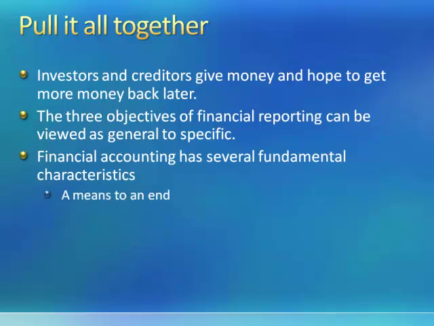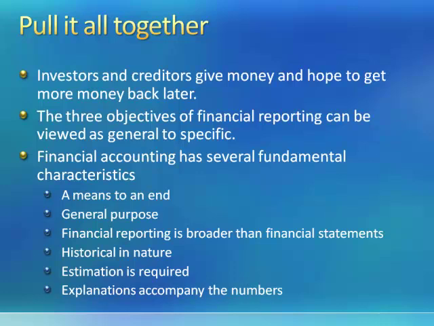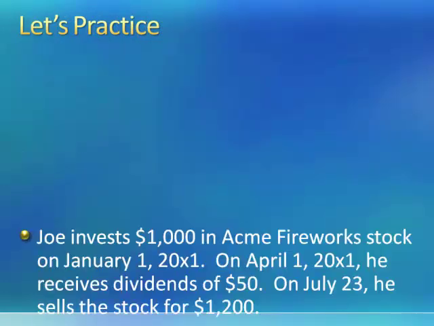These fundamental characteristics are a means to an end, general purpose. Financial reporting is broader than financial statements. Financial statements are historical in nature. Estimation is required in preparing financial statements. And finally, explanations accompany the numbers. So let's practice.